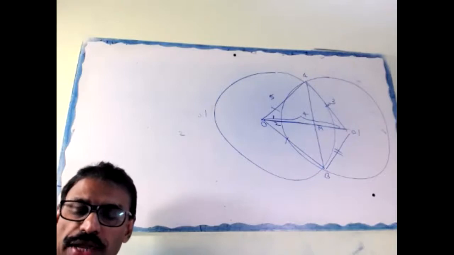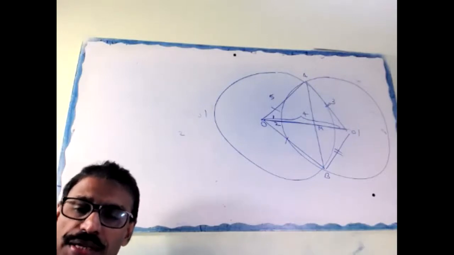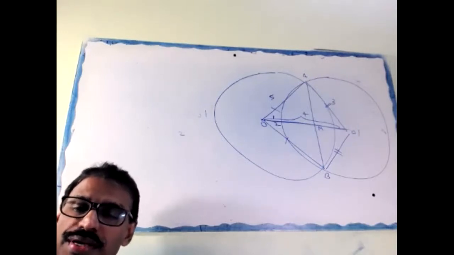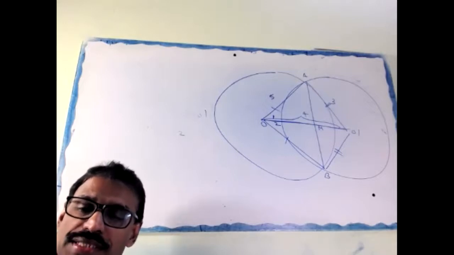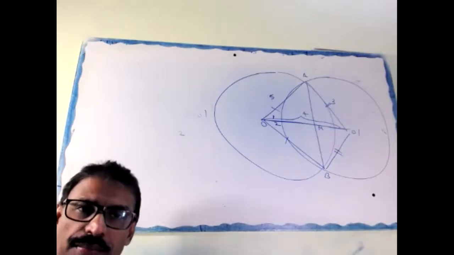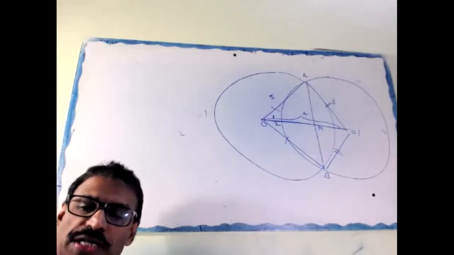3, 4, 5. We don't need Heron's formula here. It is a right triangle. Correct or not? 3 square plus 4 square equals 5 square.